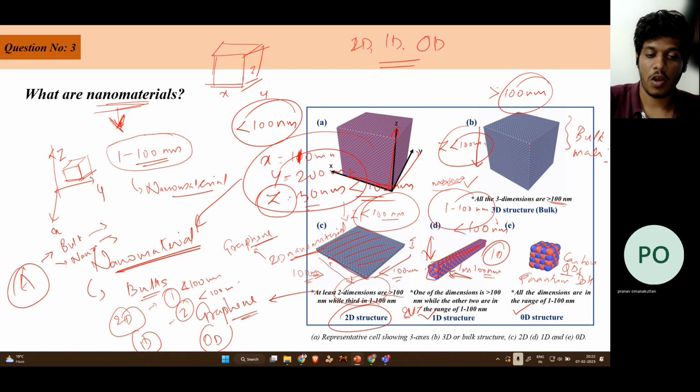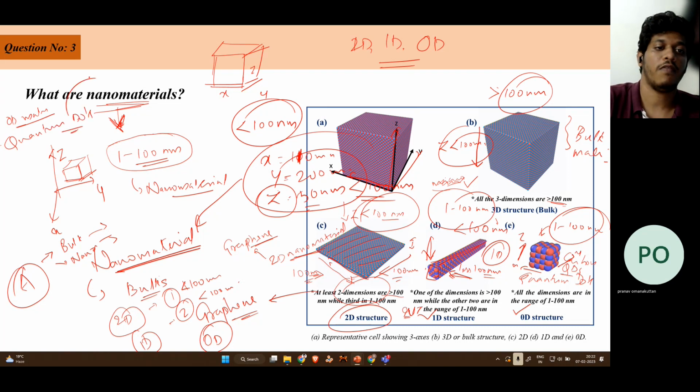Whereas in a 0D material, all three directions, X, Y, and Z, have their values in the range of 1 to 100 nanometers. So this would correspond to a 0D material. An example of a 0D material is quantum dots.